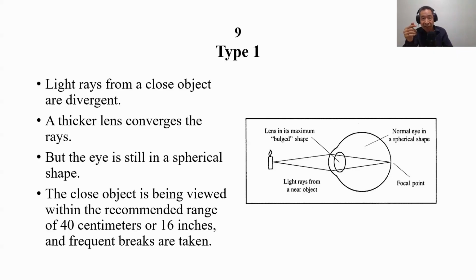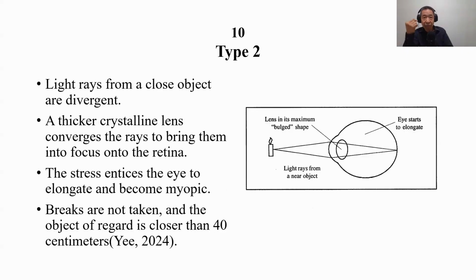And type 1 is what usually takes place when the eye focuses on a near object. The eye does not become myopic, even though the ciliary muscles tighten up and the lens becomes round, because the close object is being viewed within the recommended range of 40 centimeters or 16 inches, and breaks are taken.